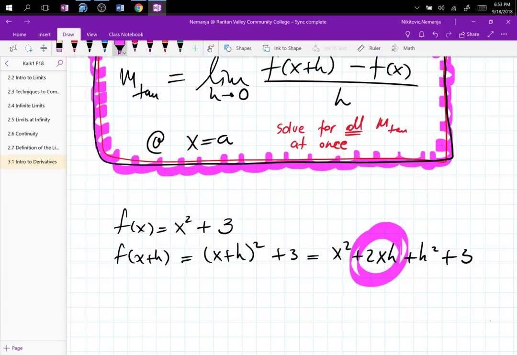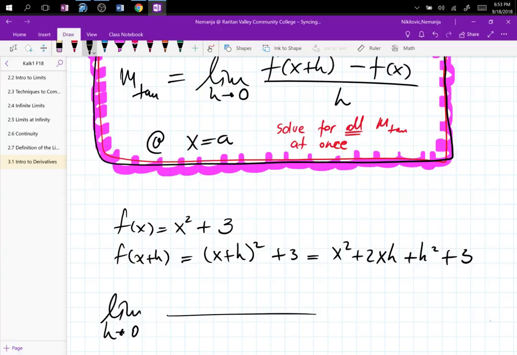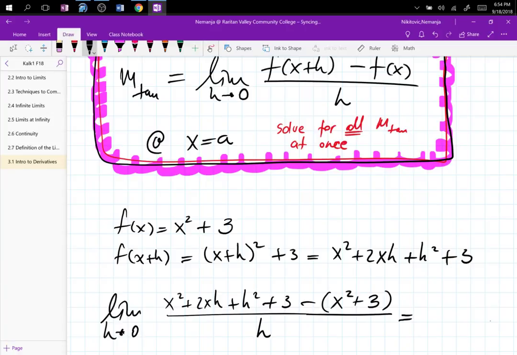You forget the middle term. That's in general what happens. So pay attention, right? Make sure you have the middle term calculated. All right, so now the limit as h goes to 0 of x squared plus 2xh plus h squared plus 3 minus x squared plus 3, divided by h.